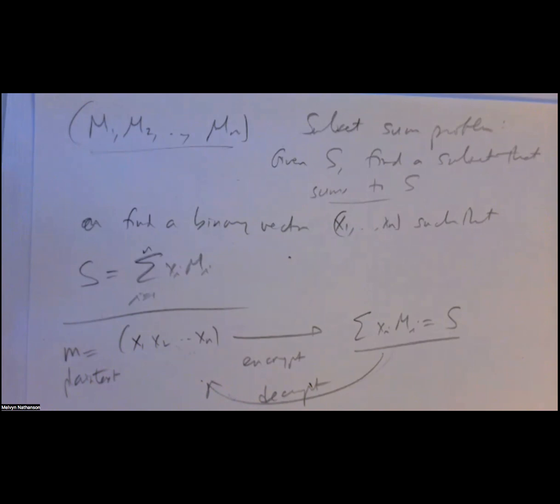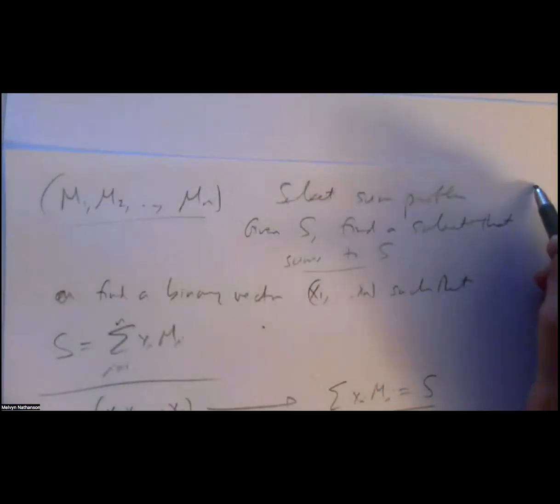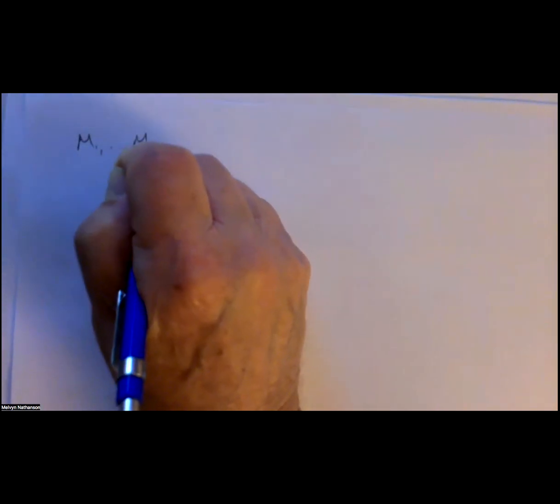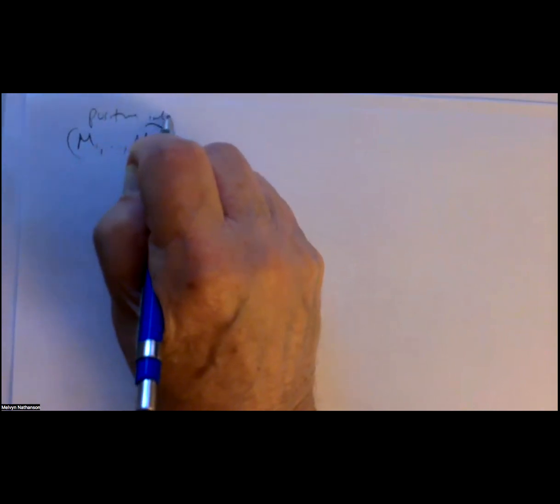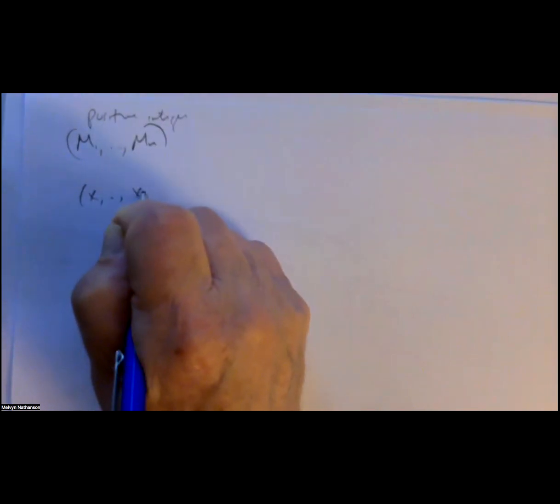So the question is, what's one way to do that? Again, I want to make sure that the basic idea, which we will develop a little bit more, is okay. You have M1 up to Mn. These are n positive integers. We have x1 up to xn.